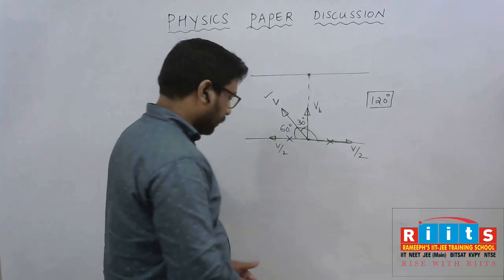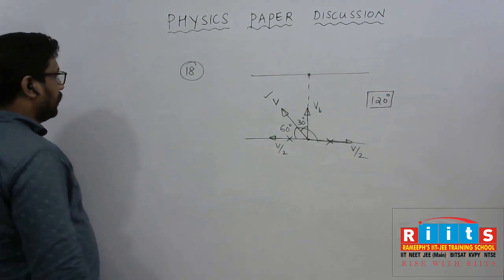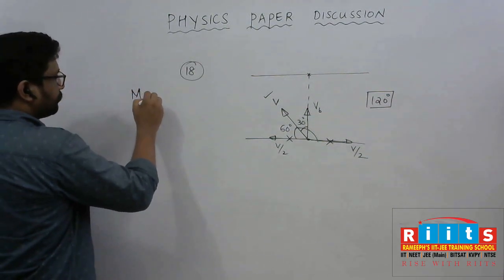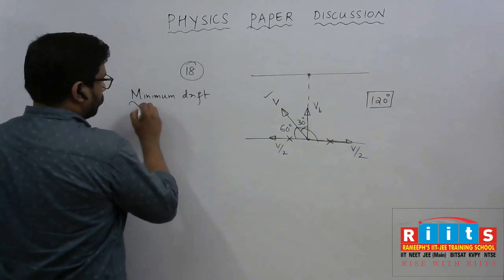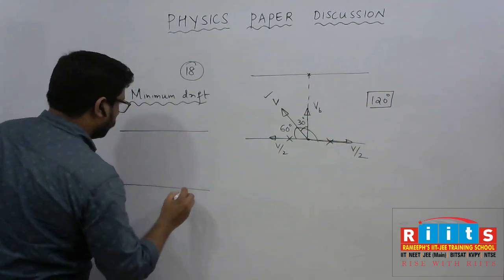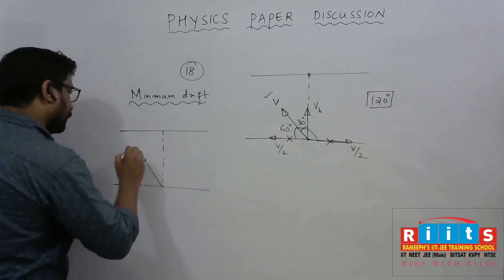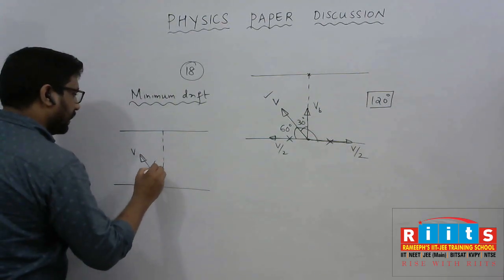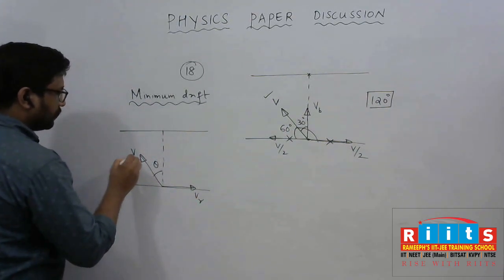One more thing. Let me give some clue for this kind of question. For minimum drift, do remember this shortcut. If the boat is moving at a certain angle, this is the river velocity and this is the velocity of the boat.